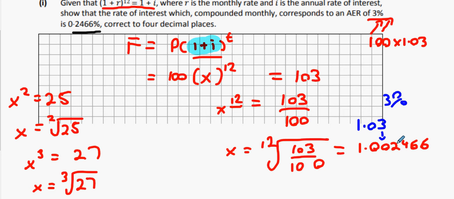But there's nothing underneath, the 3 is 0, so it's going to be 0.2466%. That was asked to prove. Yep. Difficult question. That's a high level question. Very difficult. Okay, move on.